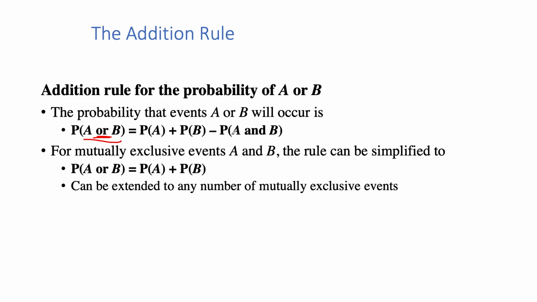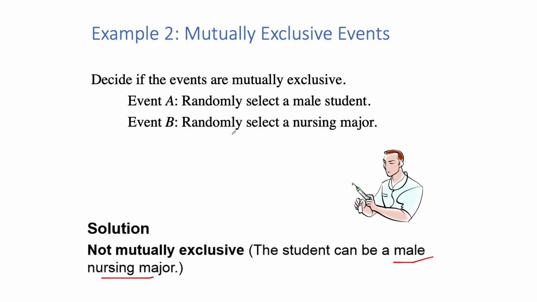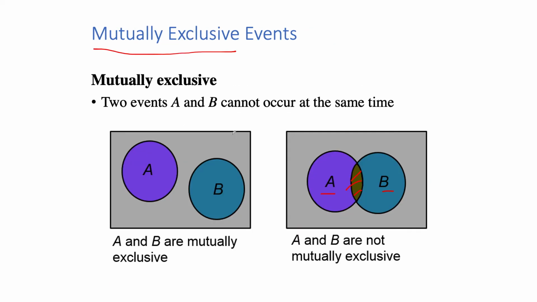To understand where this comes from, let's go back to the original picture. If I think about these two events which are not mutually exclusive, when I consider the probability of A, I consider all the outcomes which are in this circle here, including the common intersection between the two events.